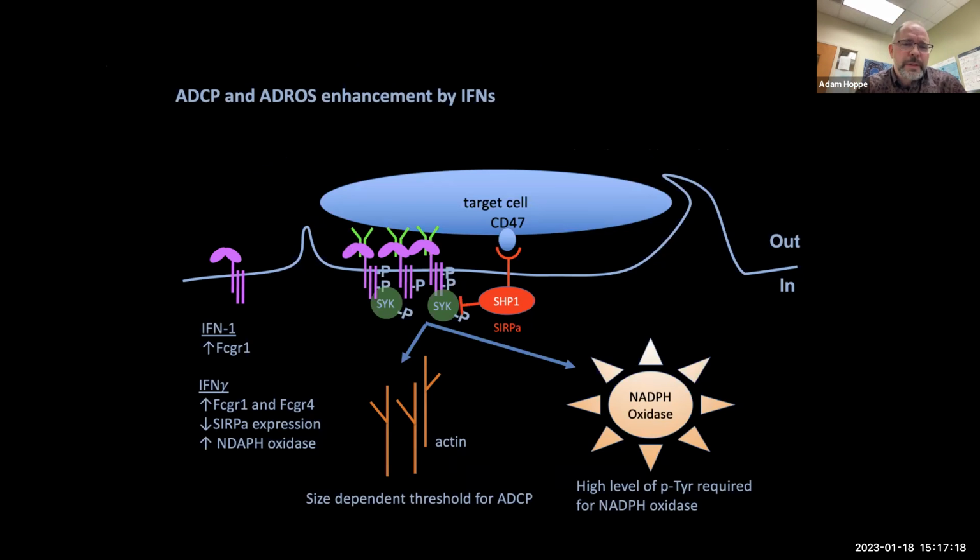So summing up what I've just told you, antibody-dependent cellular phagocytosis and antibody-dependent reactive oxygen enhancement can be driven by interferons, both type 1 interferons, which primarily drive expression of FcγR1, and interferon gamma, which can drive FcγR1 and FcγR4 expression, down modulate SIRP alpha expression, and increase activity of the NADPH oxidase.